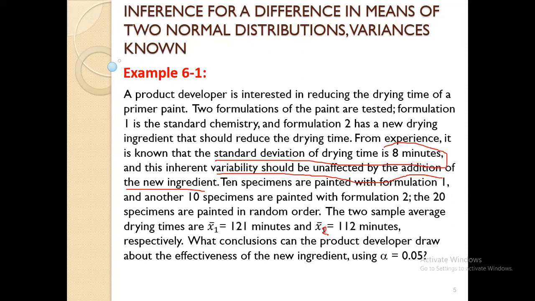After you calculate the average drying time, the new one is less than the old one. But we would like to confirm whether this is statistically correct or not because it comes from the average data. You would like to check whether x bar 1 and x bar 2 are different or equal. Different or equal. Okay.